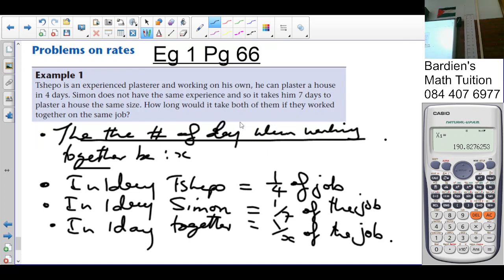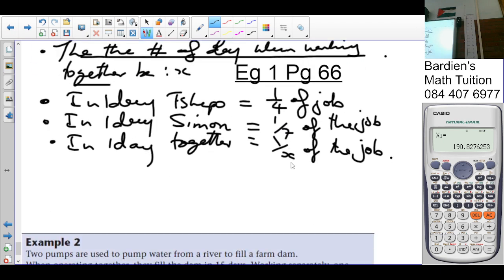So that means, since together they were going to work, that will simply be 1/4 plus 1/7. So the first person finishes a quarter of the job in a day. Simon completes 1/7 of the job in a day. If they're working together, they complete 1/X of the job. So here it's a matter of solving for X.